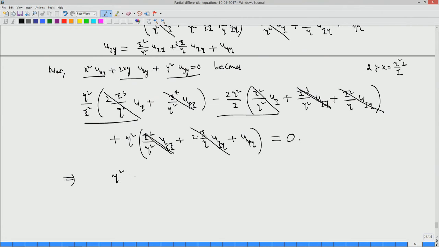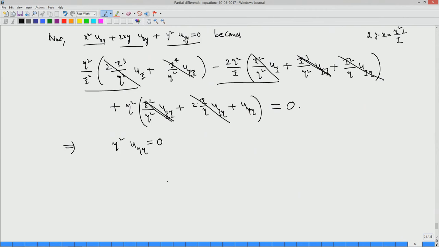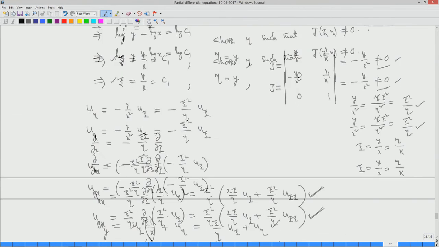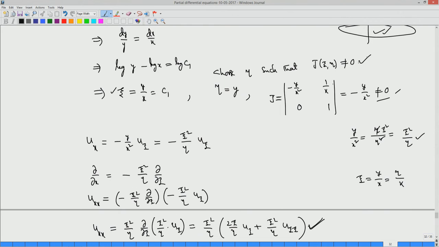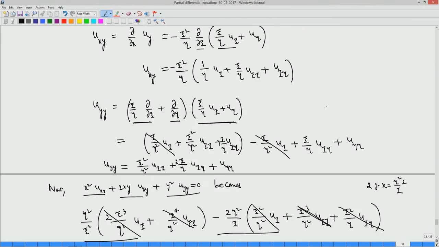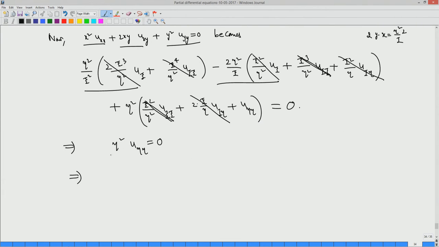So you have eta square u eta equal to 0. Since eta cannot be 0, that is how we have chosen. If you choose eta in such a way that the Jacobian is non-zero; if eta is 0, then the Jacobian is 0. So you have chosen eta in such a way that it is non-zero, so eta square cannot be 0, that implies u eta equal to 0. So this is your canonical form.